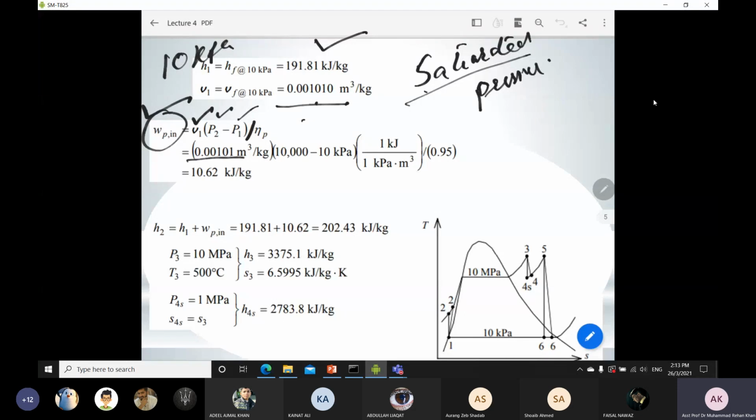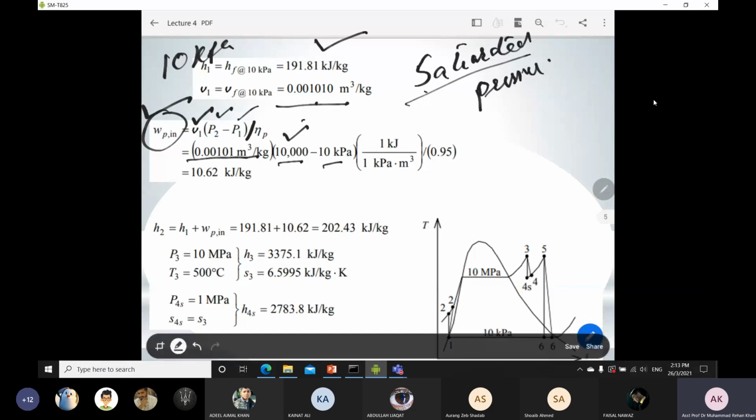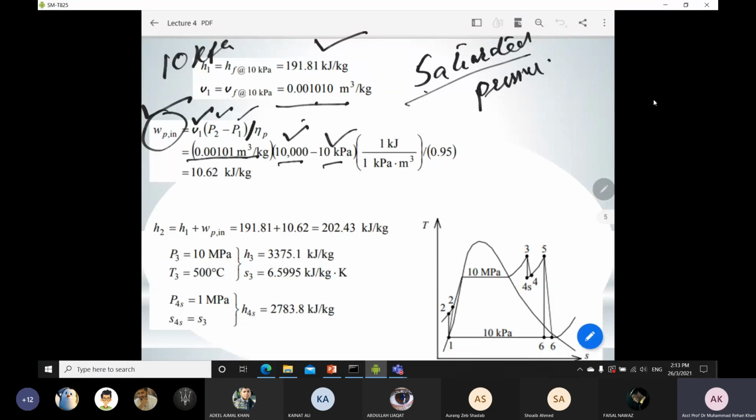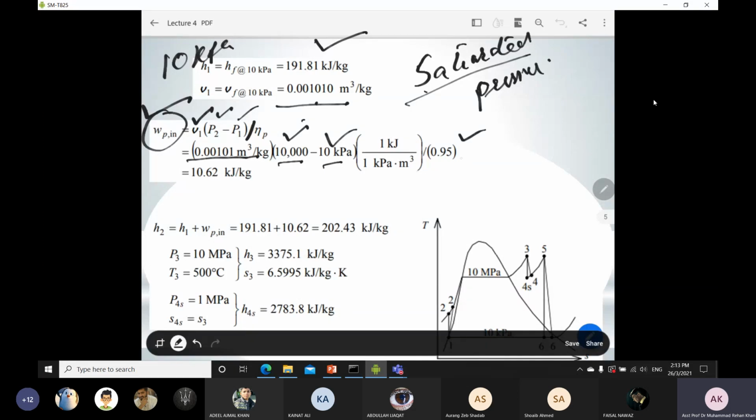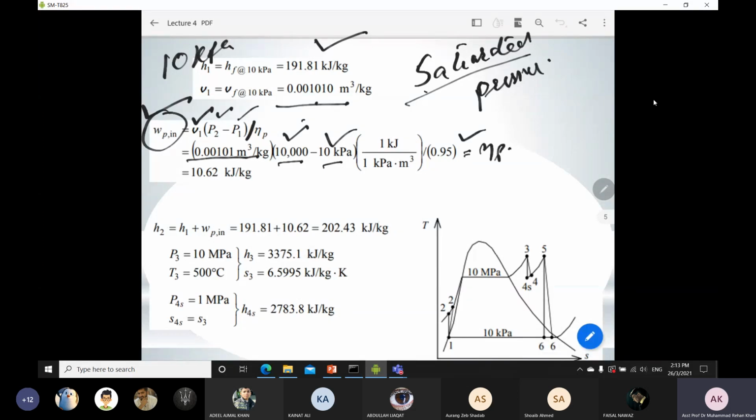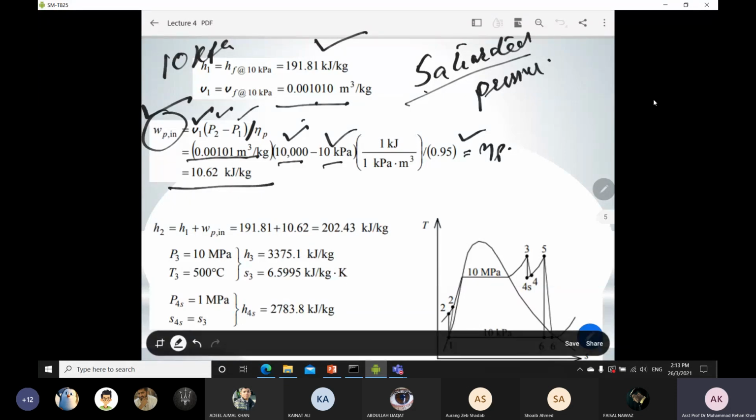This comes from your state 1, which is given in the question. 10 kilopascal is also given in the question. So just plug in all the values, and 0.95 is also given, which is the isentropic efficiency of the pump. Now just solve it, and then you can get the actual pump work.